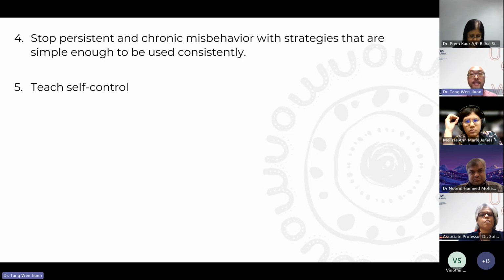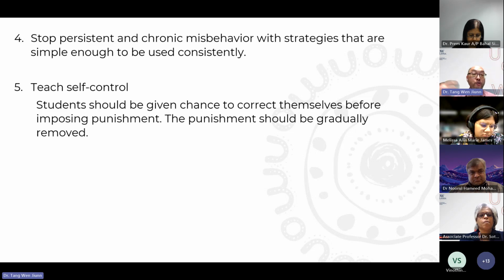And in the process of creating new behaviors in the students, we have to teach self-control. The self-control here is self-control for the students. So these students who have problems or misbehavior should be given a chance to correct themselves.